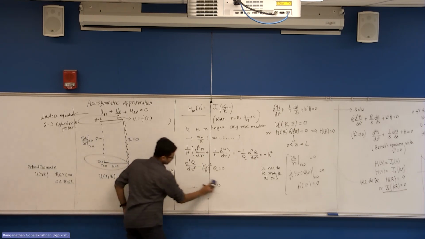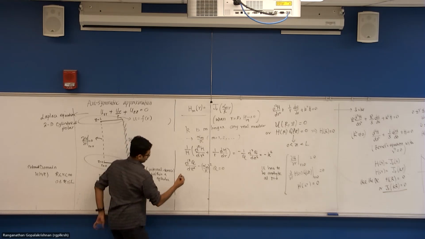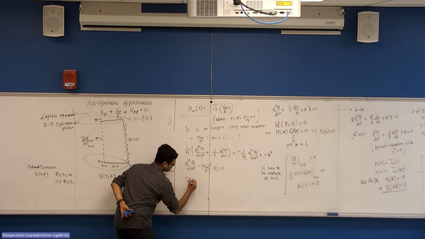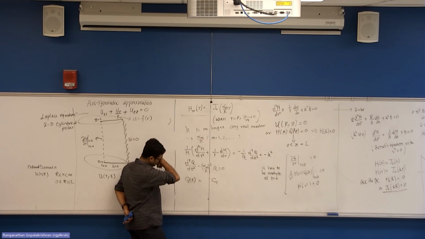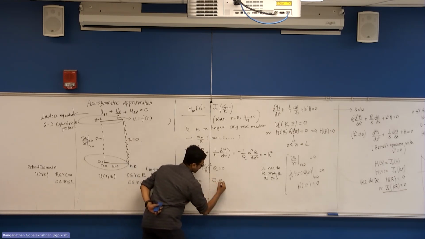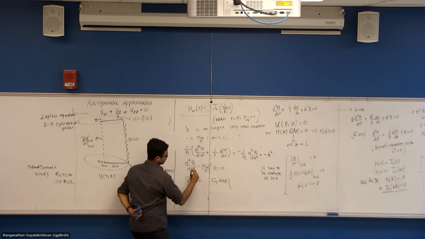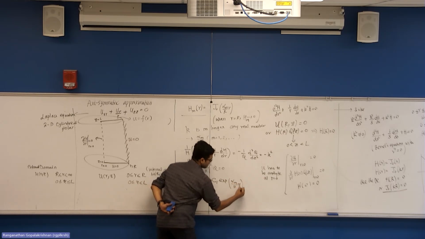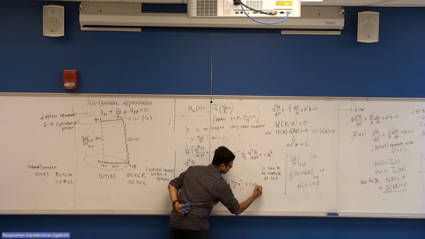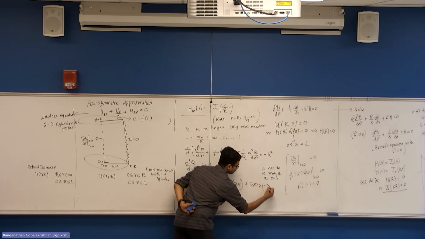You know this equation, which would mean q of z is going to be, say, C1 times exponent of alpha m over R multiplied by z, plus C2 exponent of minus alpha m over R multiplied by z.